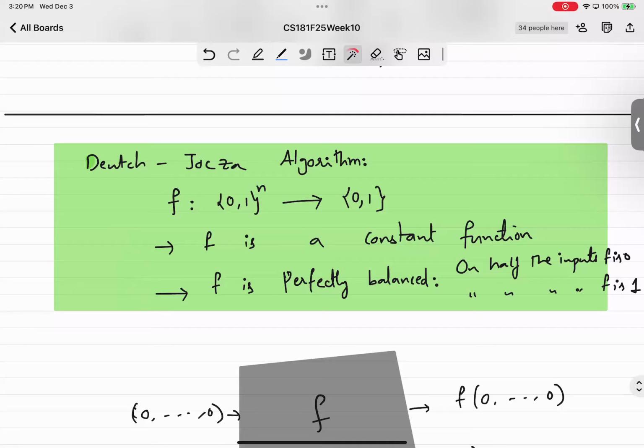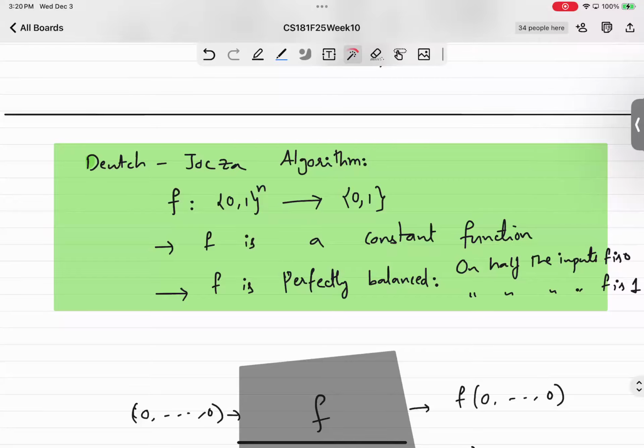Any guesses? Let's take a heuristic guess. Let's forget about proving, but what would be the least possible? Yeah? Right. So you're right, except quantitatively, it's not n over 2, it's 2 to the n. There are n bits, so the number of inputs is 2 to the n.